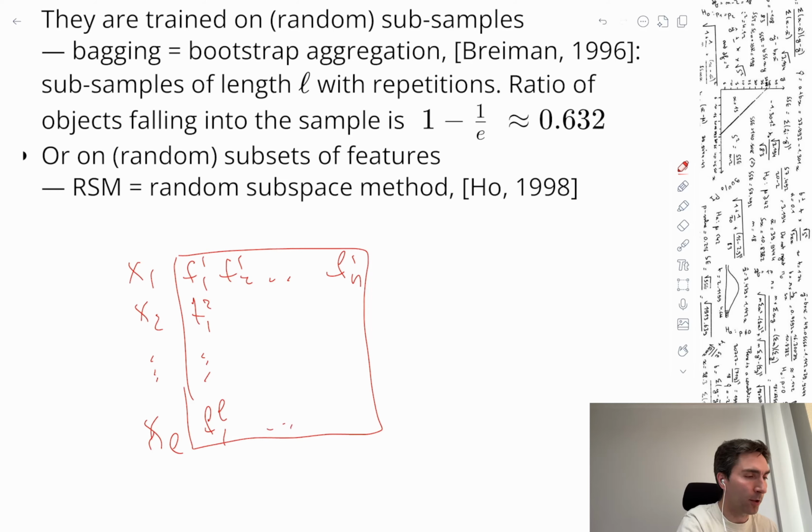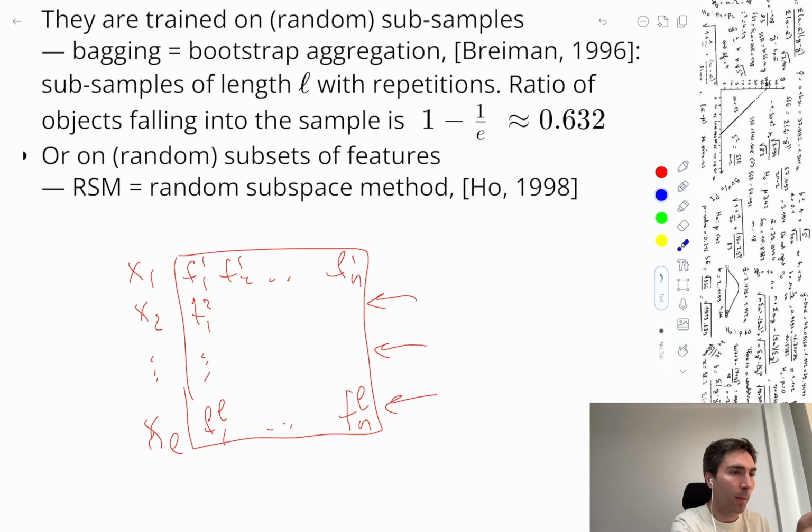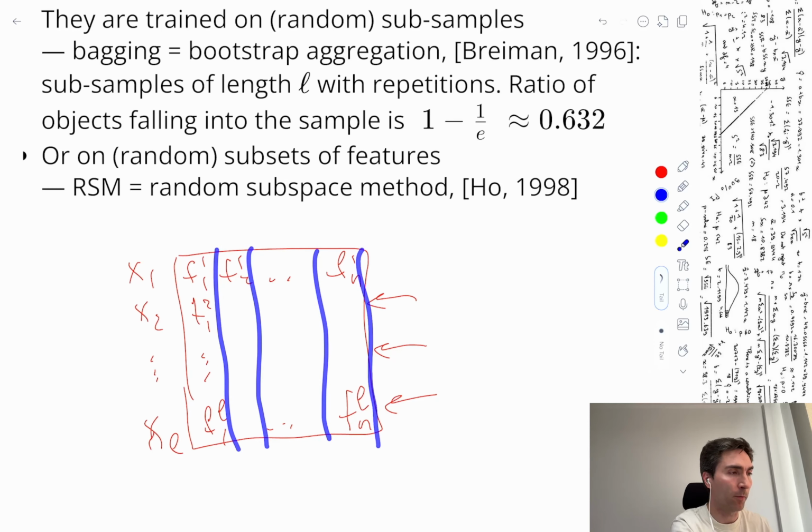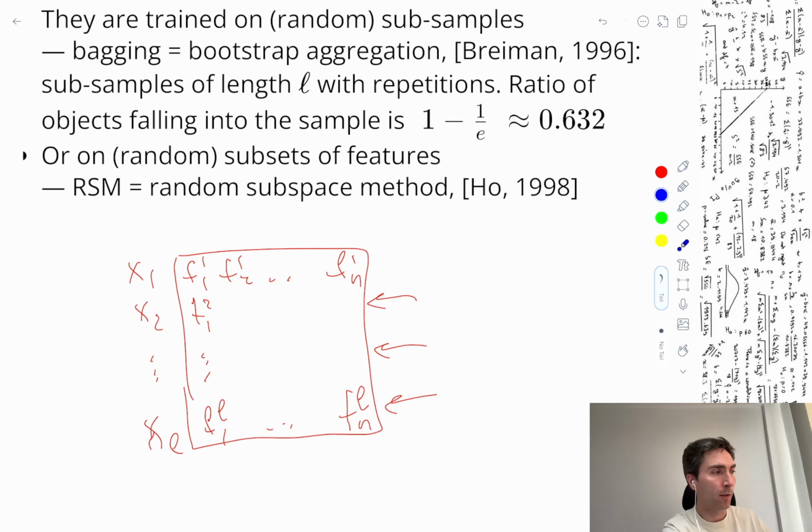So this is your object-feature matrix, and you can select either some rows of it, and this is bagging, so some certain objects, not the whole data set. Or you can select the columns of your matrix, and it is called RSM, or random subspace method.